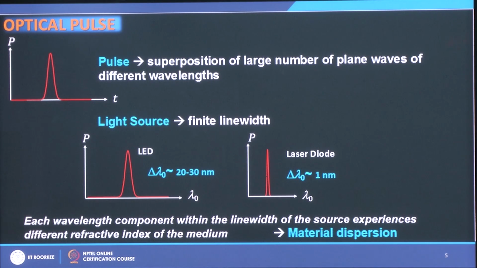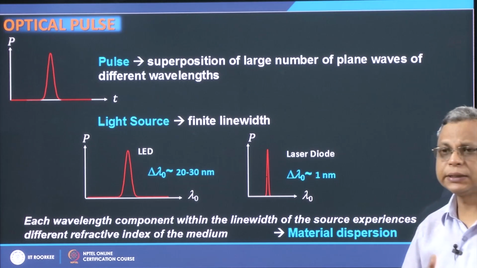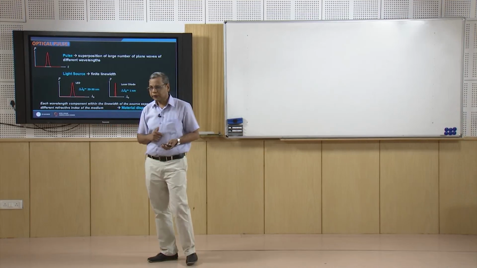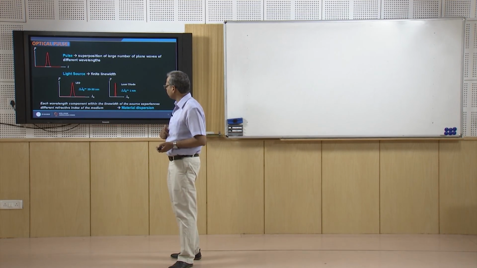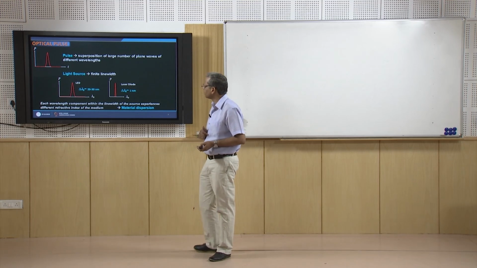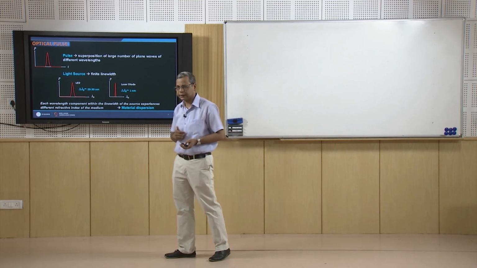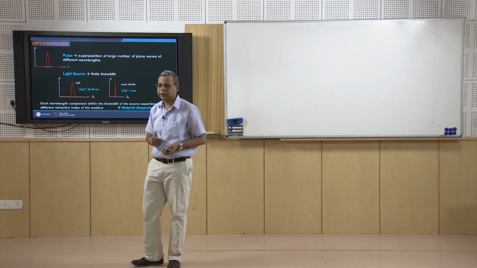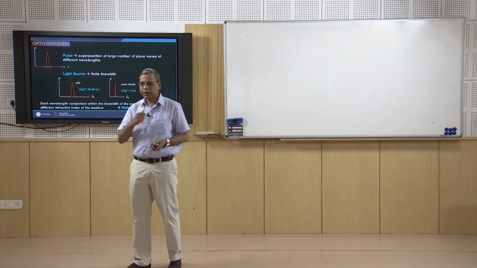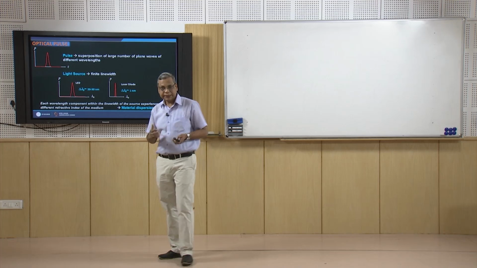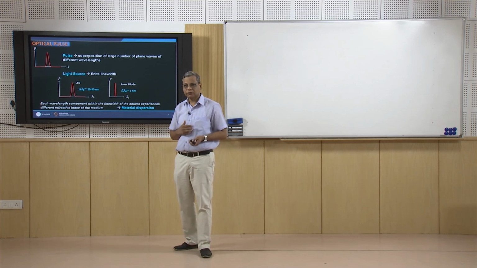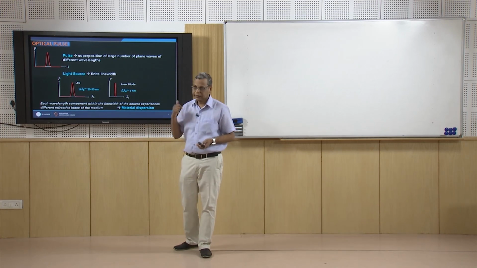To understand that, let us first find out with what velocity this pulse travels in an optical fiber or in a material. Even if it is an infinitely extended material, with what velocity does this pulse travel? Does it travel in the same way as a continuous harmonic wave? Let us look into it.